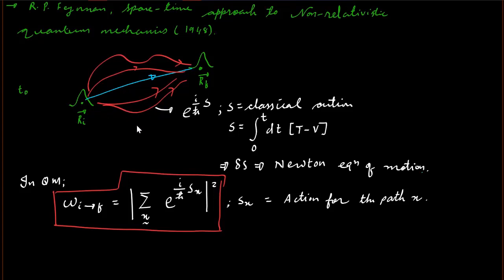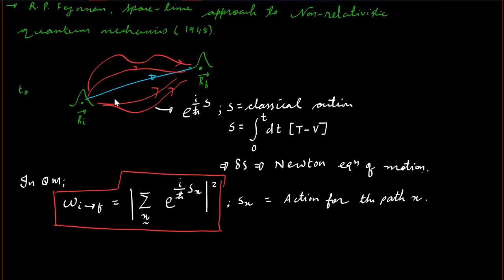So let me just repeat again. Classical mechanics says that for a particle to propagate from one region to another region, there must exist a unique path.